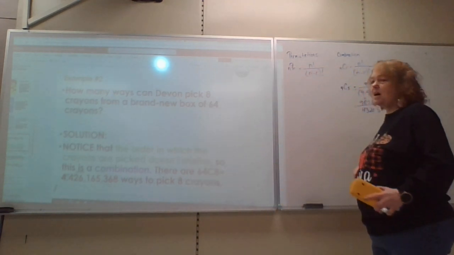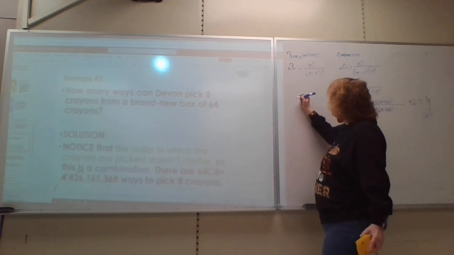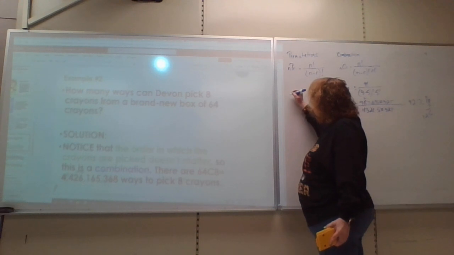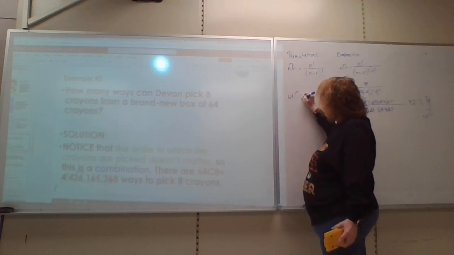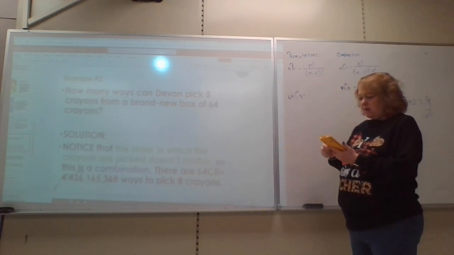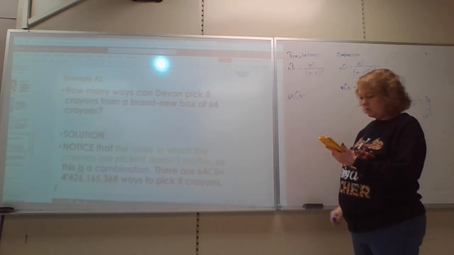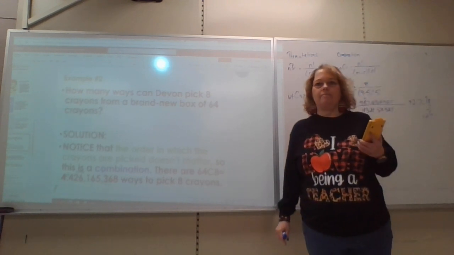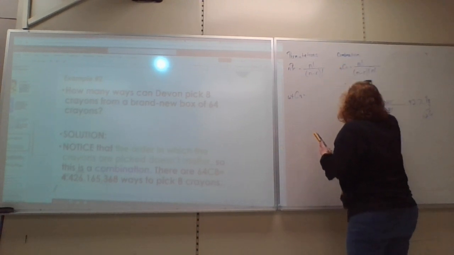That would take me a long time, and I'm not going to write all that down by hand. So what are we going to put first? Put the big number first: 64, C, 8. I would do that by hand, but I really don't have time. It's a really, really long number.